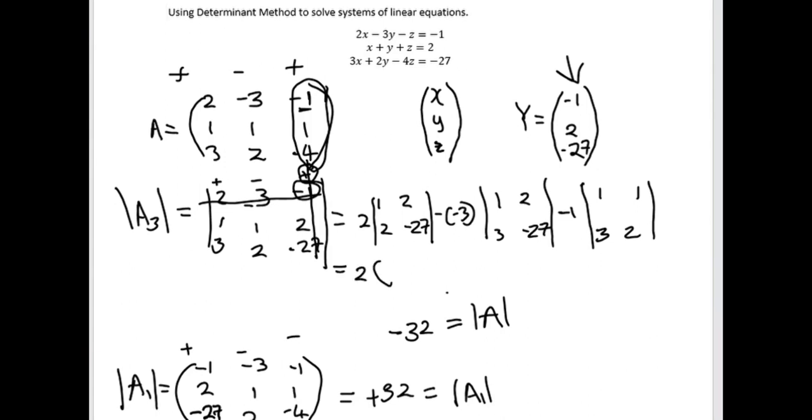2 times. Okay, I'll start with my principal diagonal, which is this side. 1 times negative 27 is negative 27. Minus 2 times 2 is 4. Plus 3, negative 27 minus 6, minus 1, 2 minus 3.